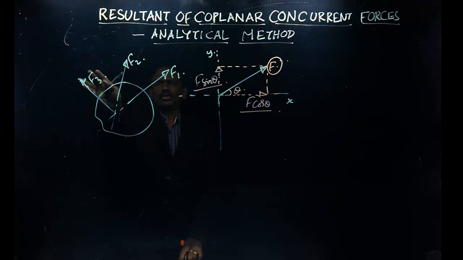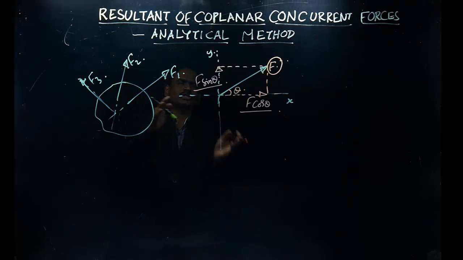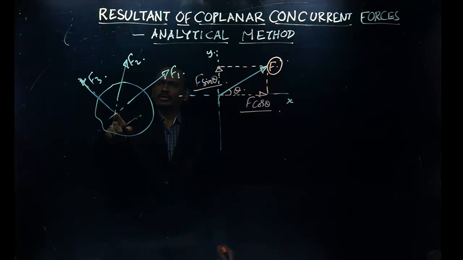Since forces are vectors, they are not scalars, you cannot just add up the forces. All you have to do here is consider the direction of the forces. Since forces are vectors, they have not only magnitude but also direction.